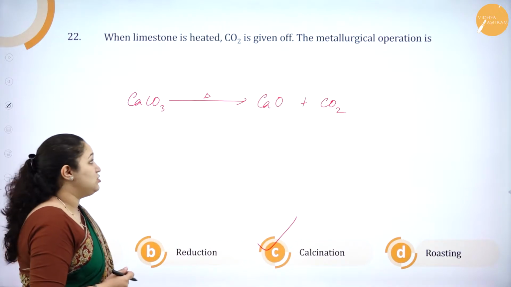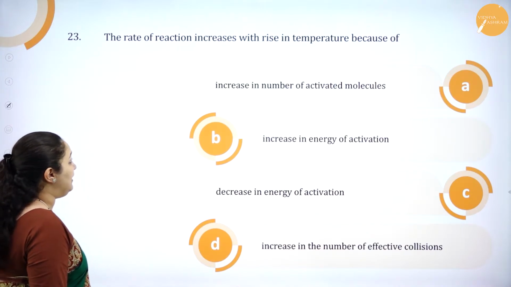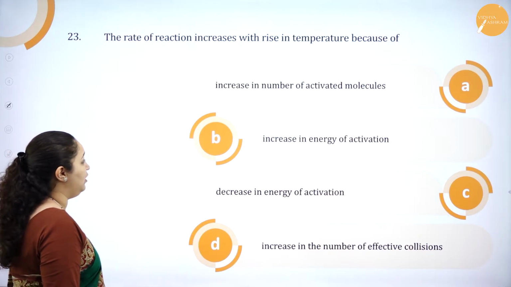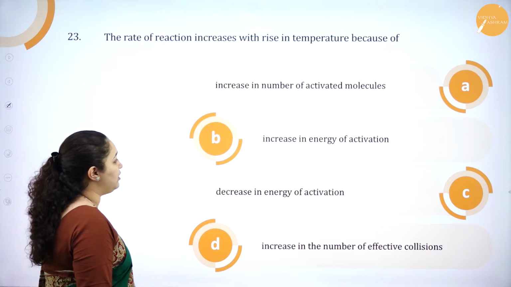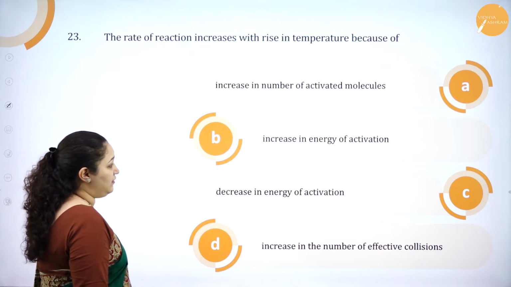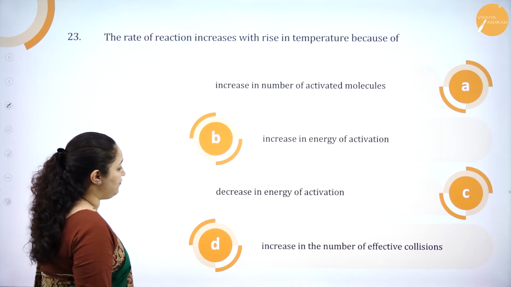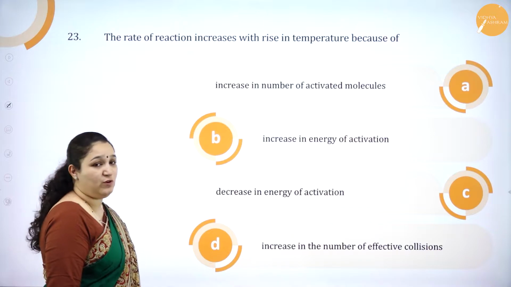Okay. Next question. The rate of reaction increases with rise in temperature because of option A, increase in number of activated molecules, option B, increase in activation energy, option C, decrease in energy of activation, option D, increase in number of effective collisions.